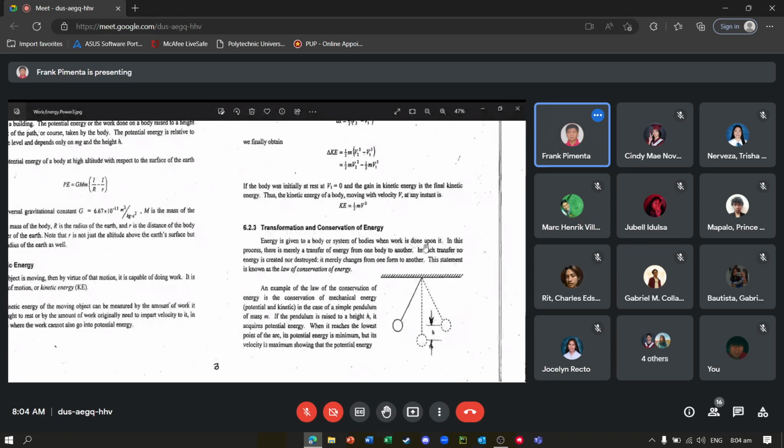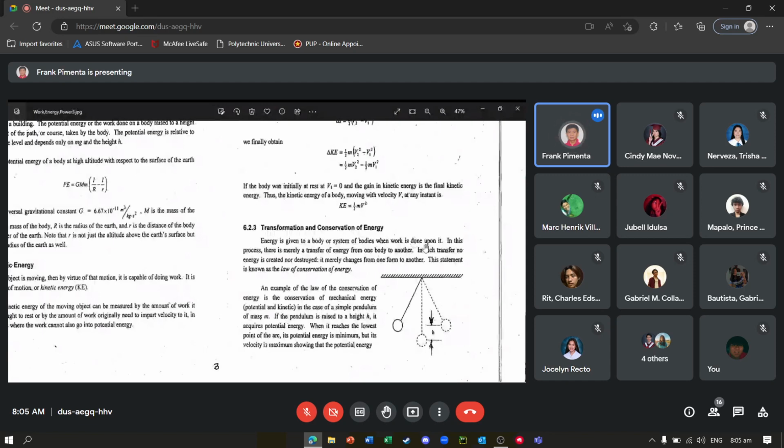Okay? Increase until it reaches the lowest point where the velocity is maximum. Okay? Bakit maximum velocity rito? Kasi aakyat na roon. The velocity will decrease until it reaches the maximum height where velocity is zero.